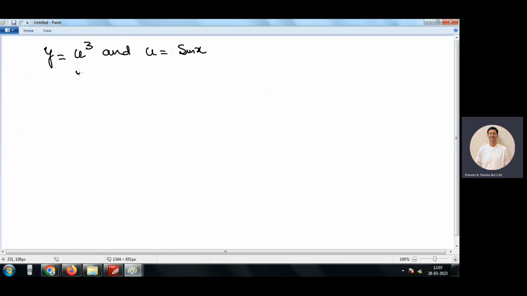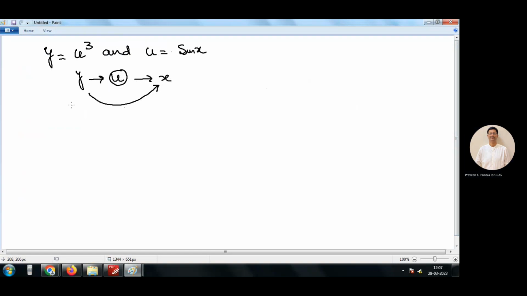So you can see y is a function of u and u is a function of x. And we need to find the derivative of y with respect to x. That means you need to remove this u from the middle. So how to do it? The rule for this is dy by dx is equal to dy by du into du by dx.